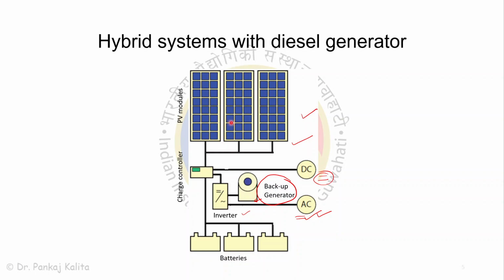At night, or when the sky is cloudy and little or no power can be produced, we have a backup generator. This backup generator feeds the loads of the house. This is a typical hybrid system.